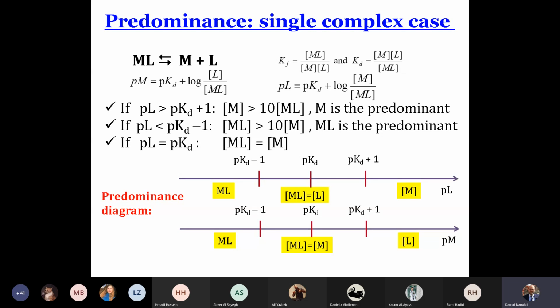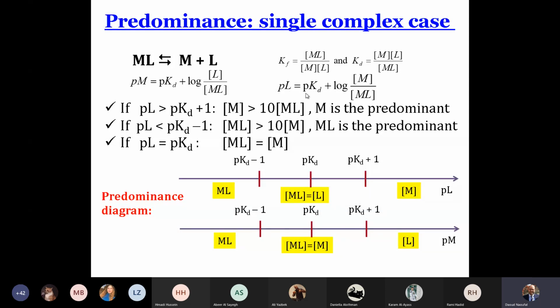By the same way, suppose pL equals pKd plus log M divided by ML. This relation can be applied in the exercise independent of the exercise, since this relation is deduced from Kf, and Kf is a constant of the complex given.